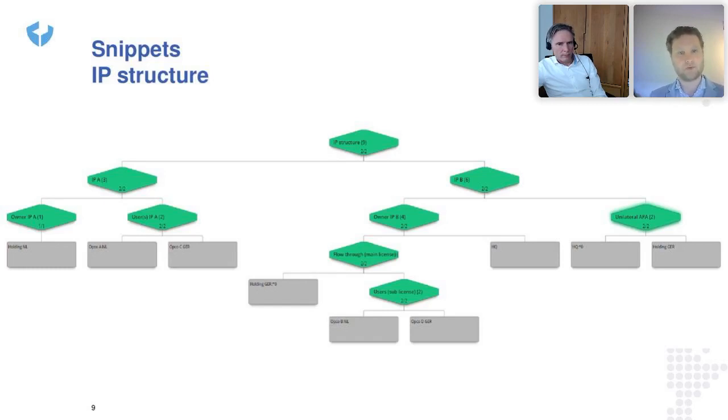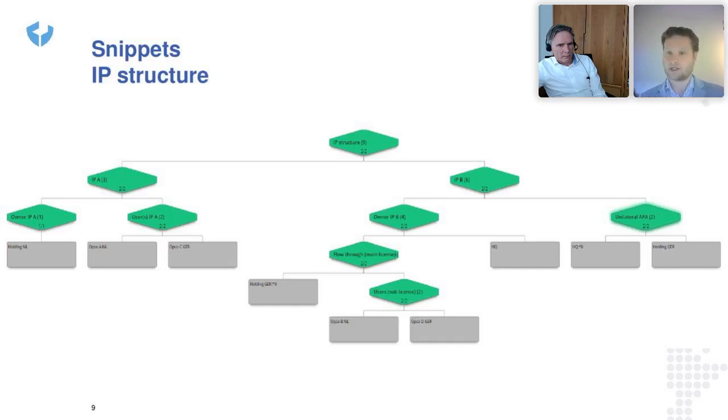If we start on top, in the IP structure, and move to the left side of the screen, we have IP A, which has an owner on the left side, which is the Dutch holding, and on the right side of the owner are the users of IP A, which are OpCo A in the Netherlands and OpCo C in Germany, to give an example. If we move to the right side, we've created more of a flow-through example, which starts with IP B on the right side.